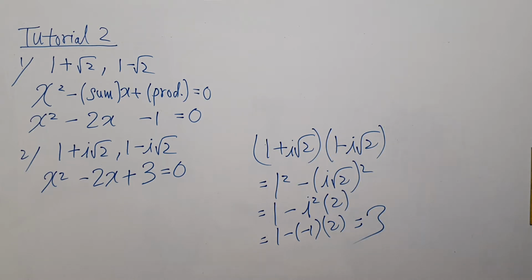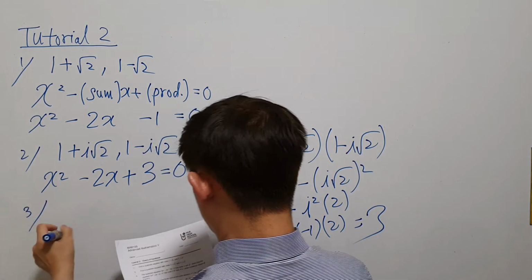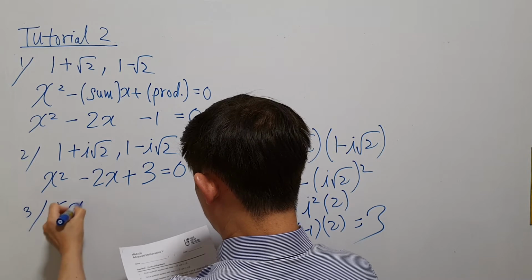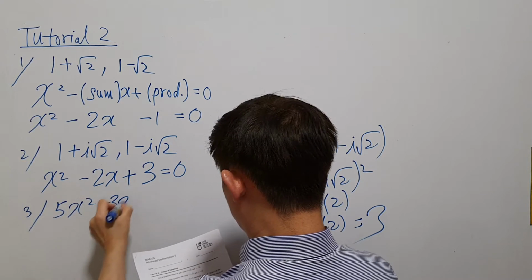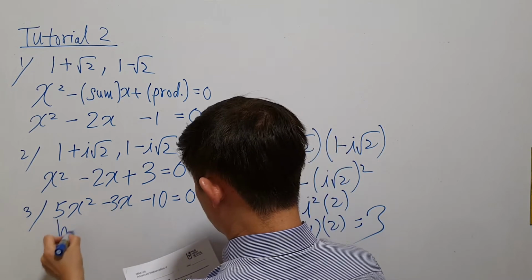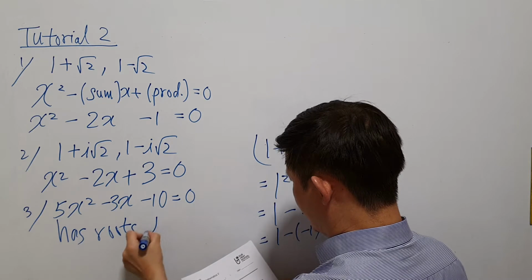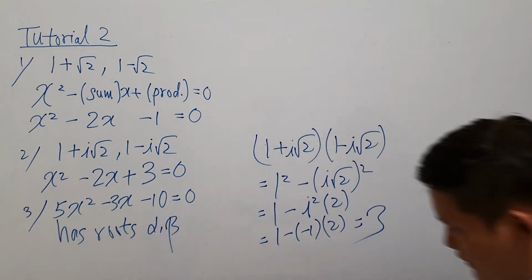Alright. Then in question number 3, you are given that 5x squared minus 3x minus 10 equals 0 has roots alpha and beta.